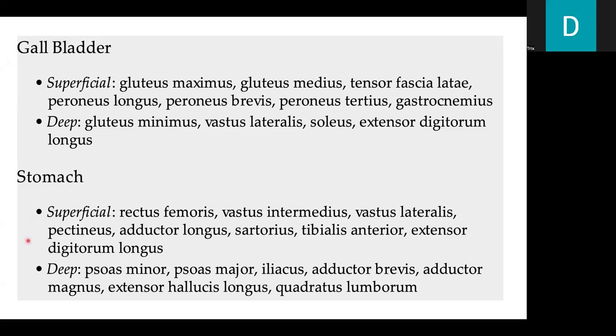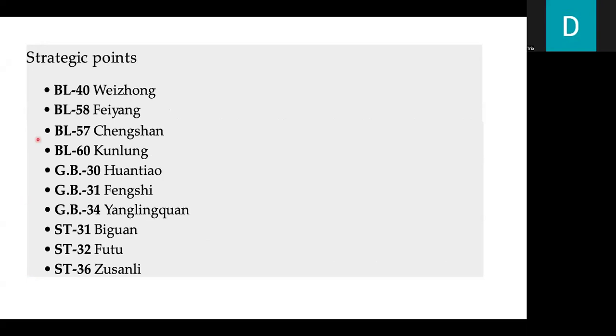For deep, it's in the psoas minor, psoas major, iliacus, adductor brevis, adductor magnus, extensor hallucis longus, and quadratus lumborum. The strategic points to be used are bladder 40, bladder 58, bladder 57, bladder 60, gallbladder 30, gallbladder 31, gallbladder 34, stomach 31, stomach 32, and stomach 36.